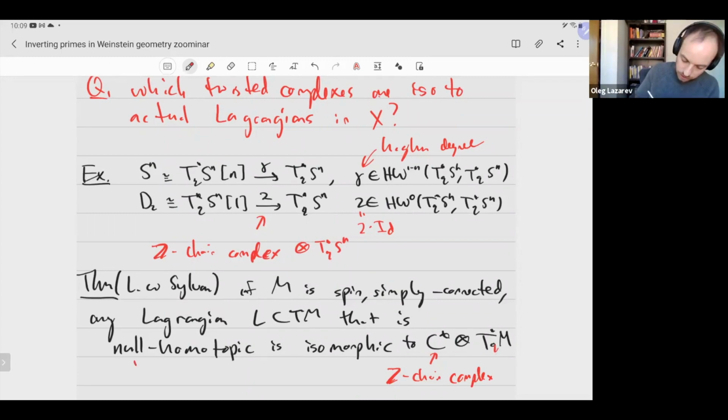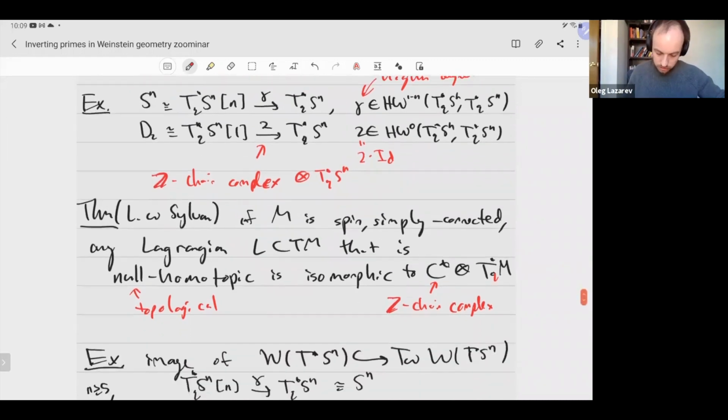So we start off with this completely topological condition of being null homotopic, and we conclude a Floer theoretic condition that it's isomorphic to one of these Z chain complexes. Note that the zero section is actually not isomorphic to a Z chain complex tensor cotangent fiber. It involves this higher degree morphism. But of course, the zero section is not null homotopic. So this is compatible with the theorem that I'm stating here.